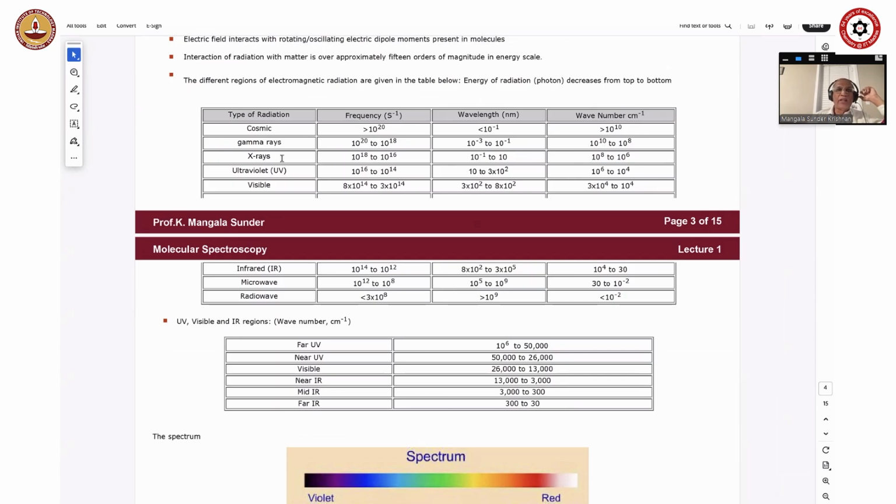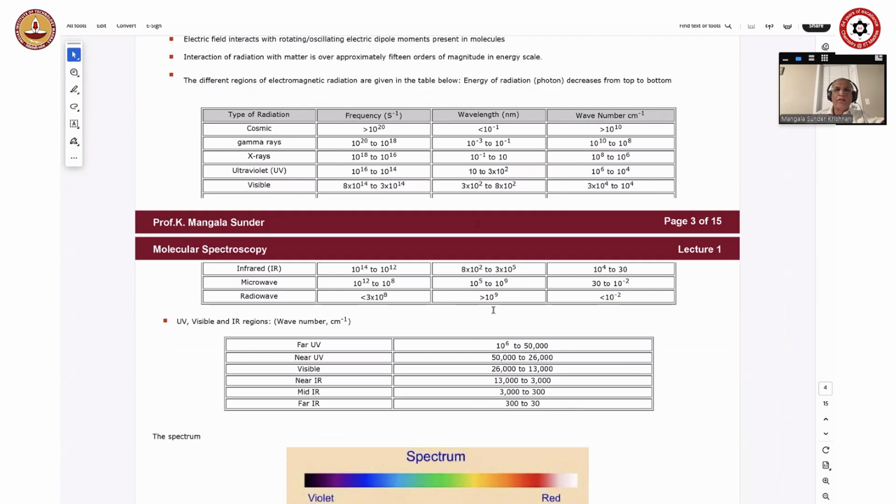Then you have X-rays, slightly lower in energy, ultraviolet rays, even lower in energy, visible radiation, all of us are very familiar with. And for visible alone, you can see that there is a smaller table here for ultraviolet, near ultraviolet, visible, near infrared, mid-infrared, far infrared.